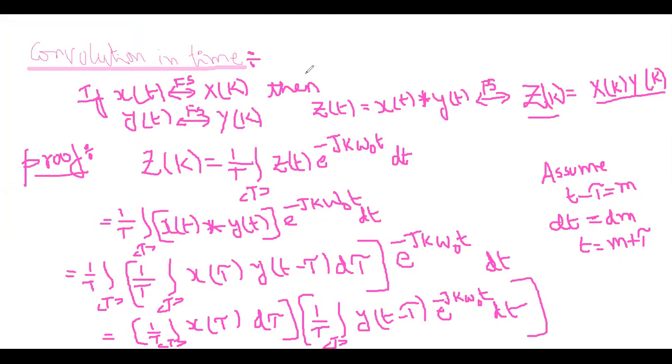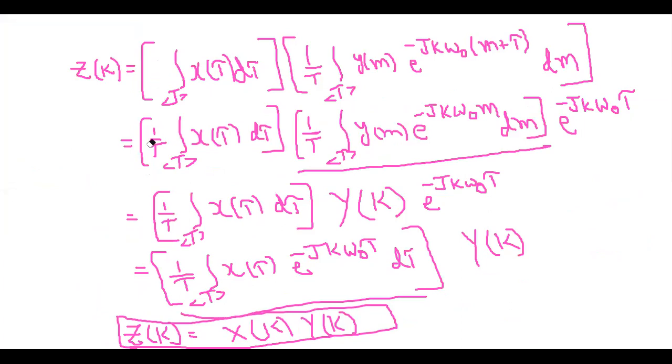There is no 1 by T in the convolution, so remove that 1 by T. Then on the second page also remove that 1 by T. So this function is y of k.